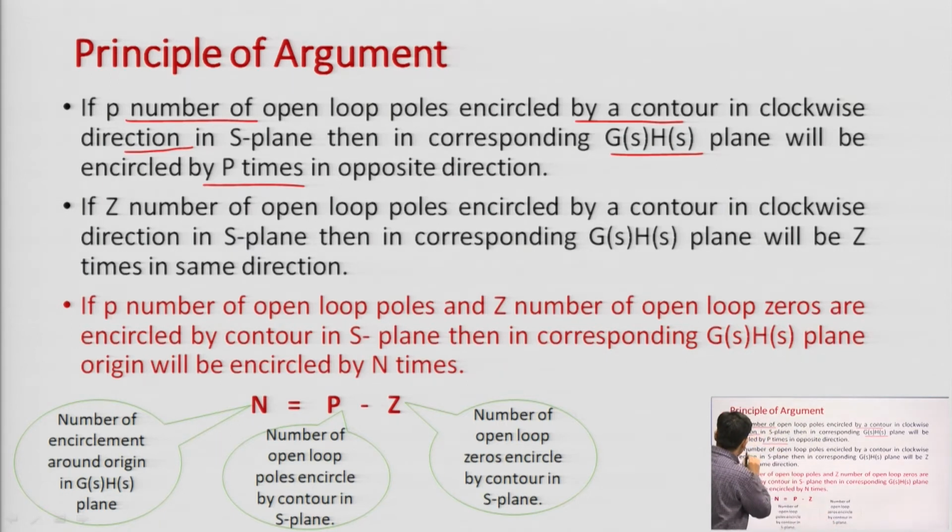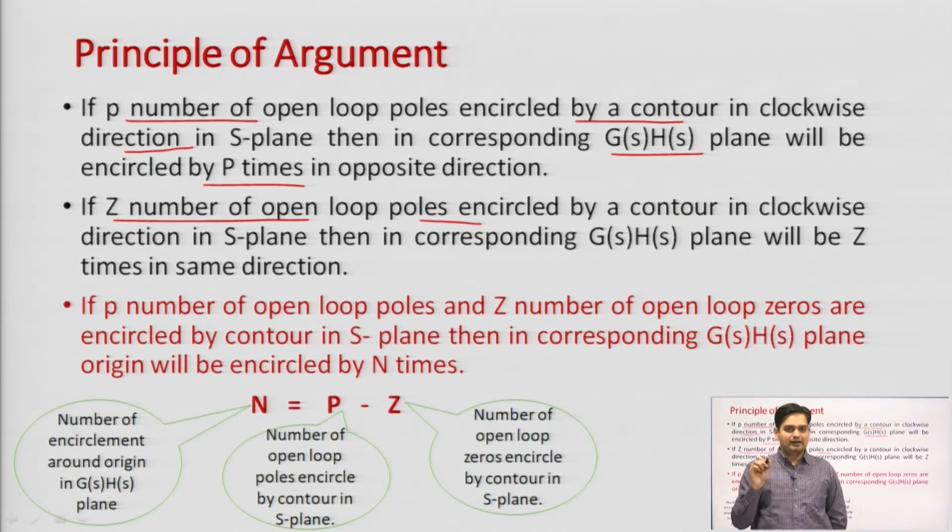Second concept, if Z number of zeros are lying in the s plane, and you encircle the 0 in clockwise direction, then in the G(s)H(s) plane they will be encircled in clockwise direction, or you can say in the same direction.